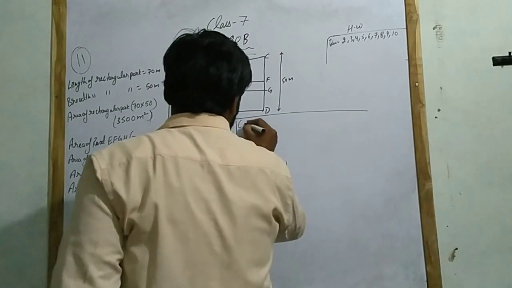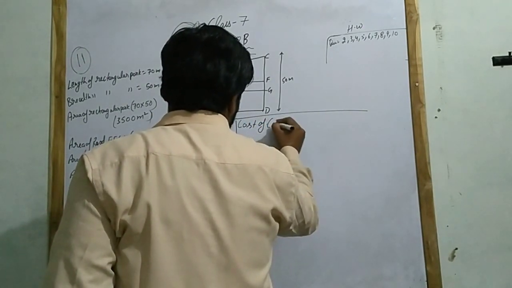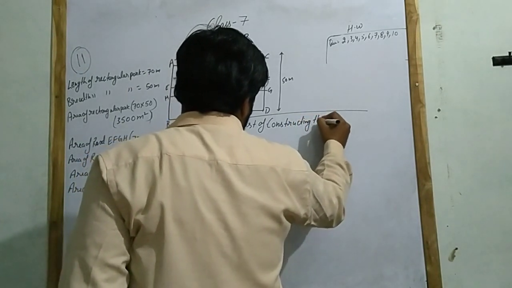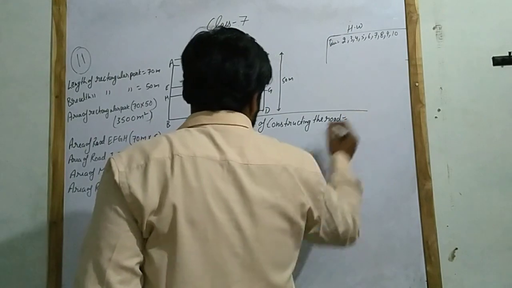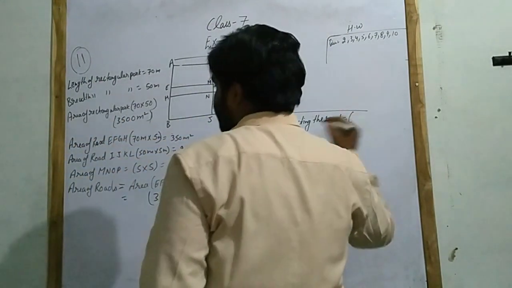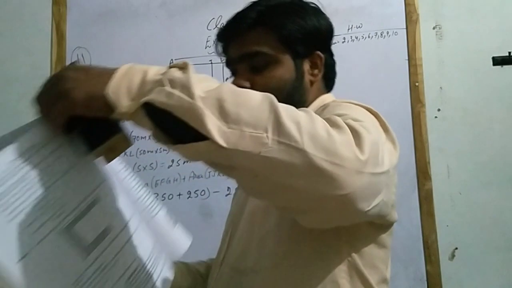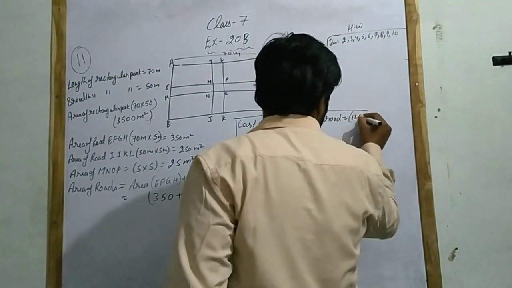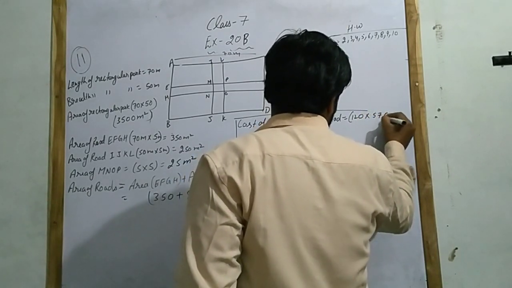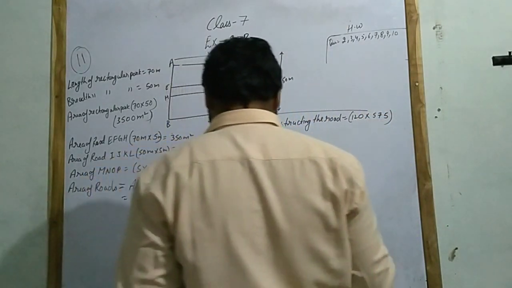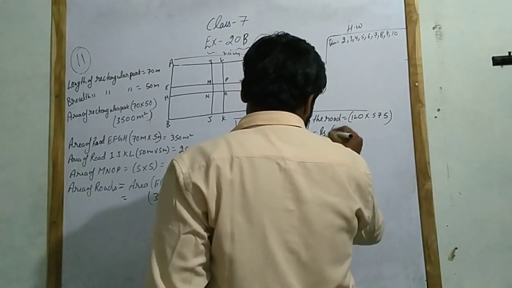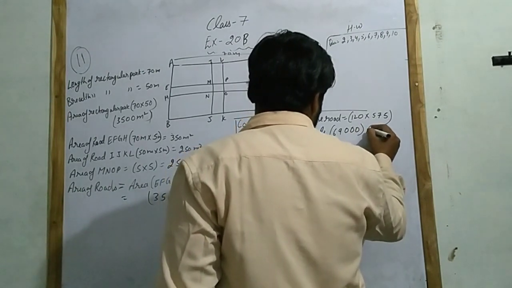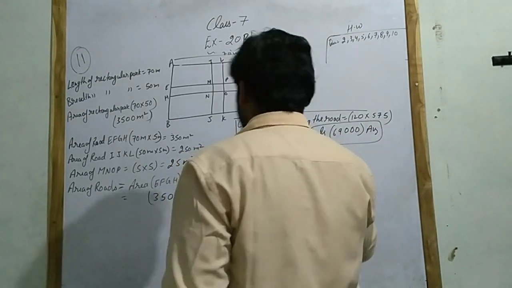Cost of constructing the road will be 120 multiplied by 575, which will be rupees 69,000. This is your answer of question number 11.